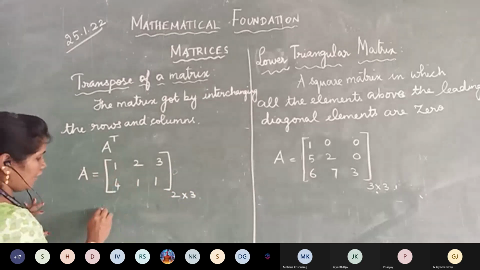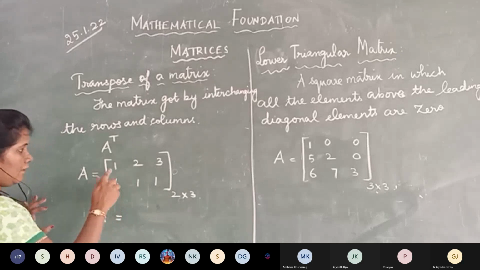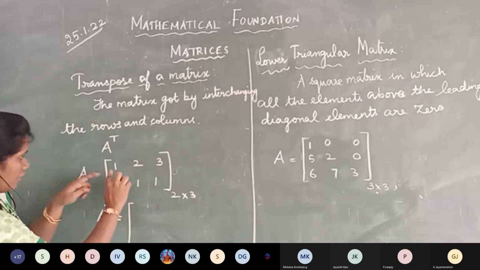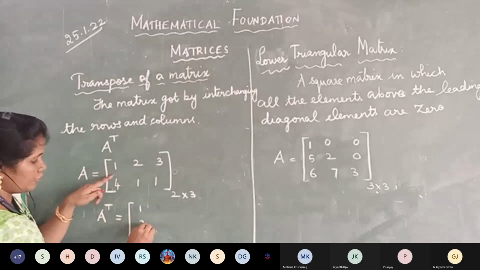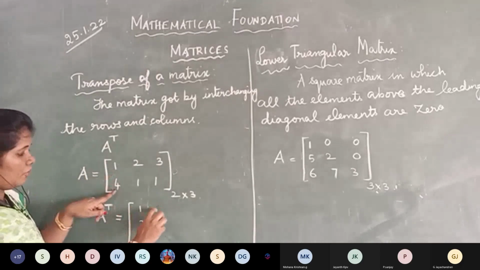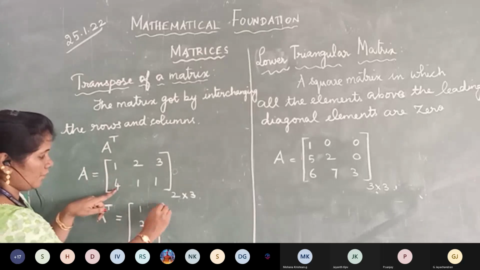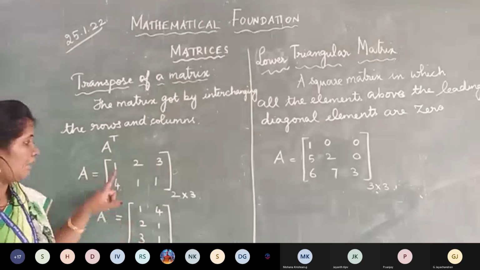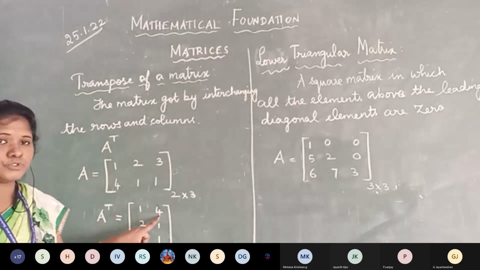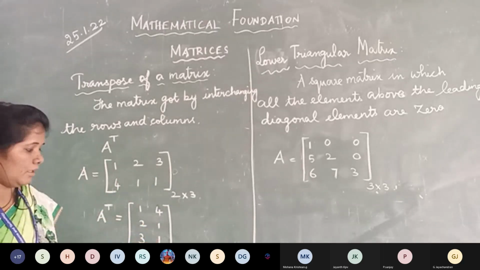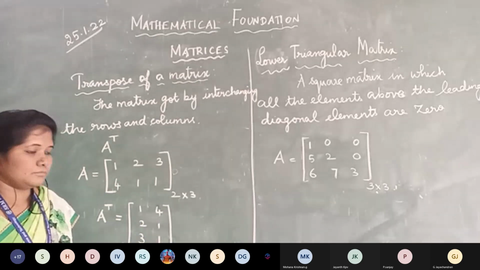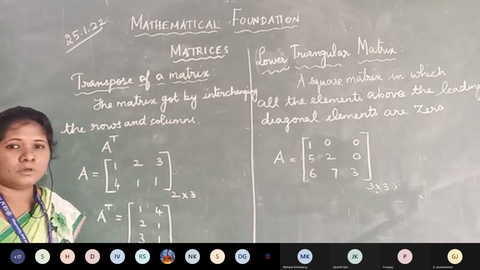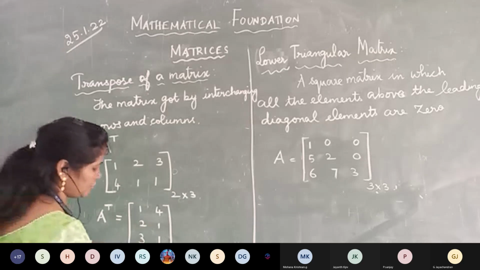So your A transpose will be, your first row will be converted to column. So your first row will become 1, 2, 3. Your second row will become 4, 1, 1. Now what is the order of this one? 3 cross 2.